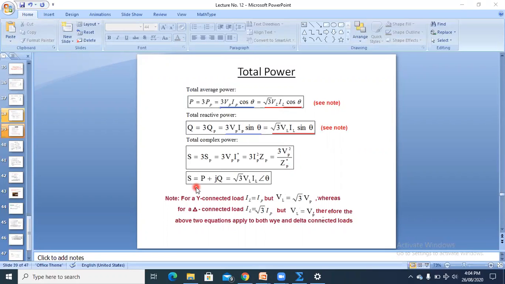So this complex power can be written as P plus jQ, and that is root 3 V line I line at the angle of Z.